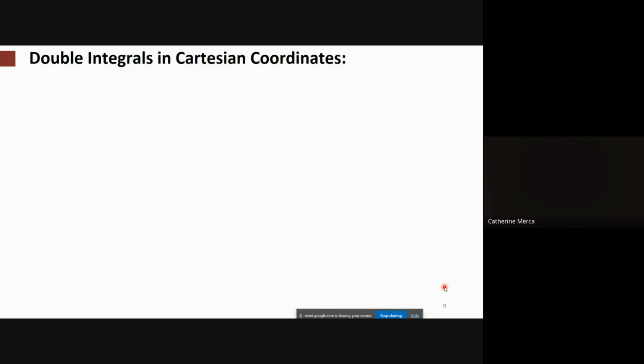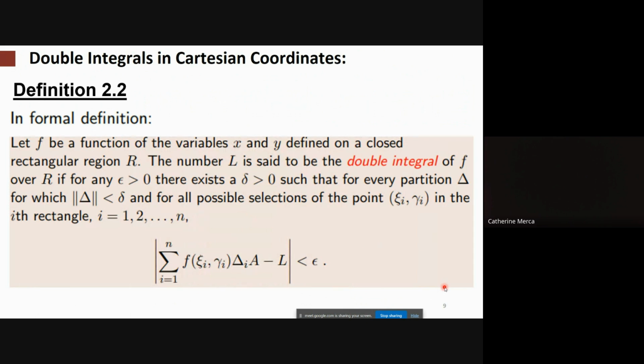Meaning to say, we come up with a formal definition of the double integral.